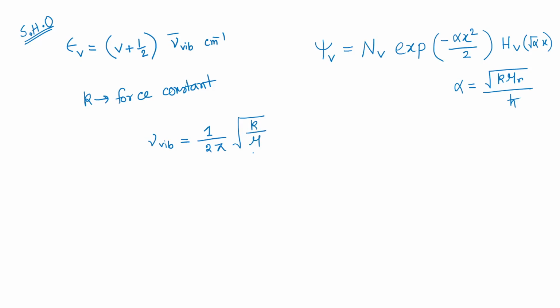And if it is nu bar in terms of wave number, then 1 by 2 pi c will come, k by mu. Here it is mu because we are discussing a two body problem, and we have converted that two body problem into a one body problem, that's why we are discussing reduced mass.